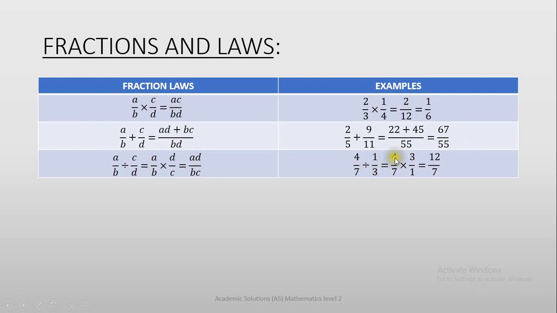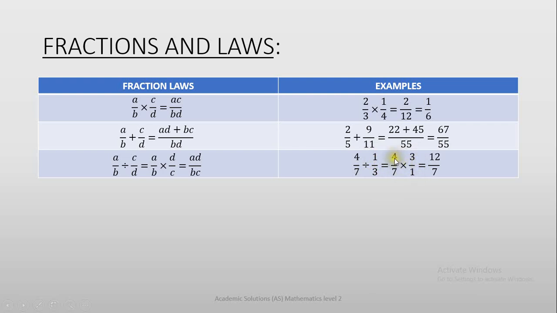So for example, we have 4 divided by 7 divided by 1 divided by 3, which is equal to, remember, we took the other fraction and then we swapped it. As you can see, we swapped 1 over 3 into 3 over 1 to change our sign there.